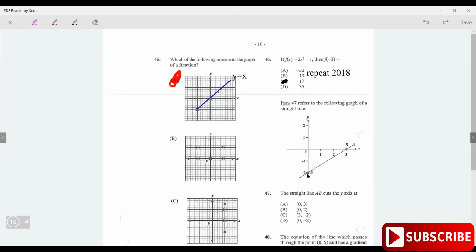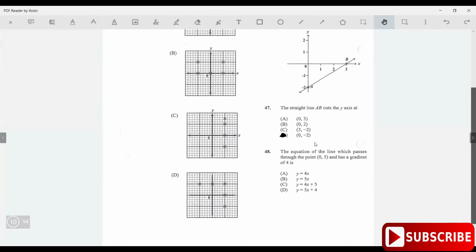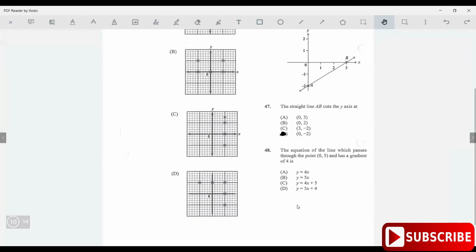The coordinates of A are 0, minus 2, which is the y-axis intercept. X is 0, y is minus 2. Big repeat question. This repeat question again is from 2018. This is a gradient of 4, so it's 4x plus 5. Big repeat question.